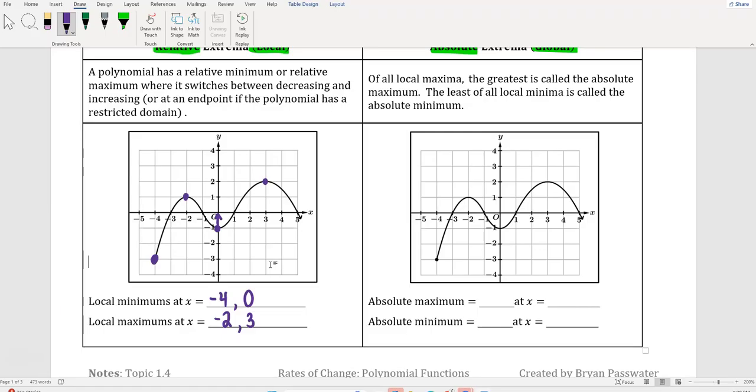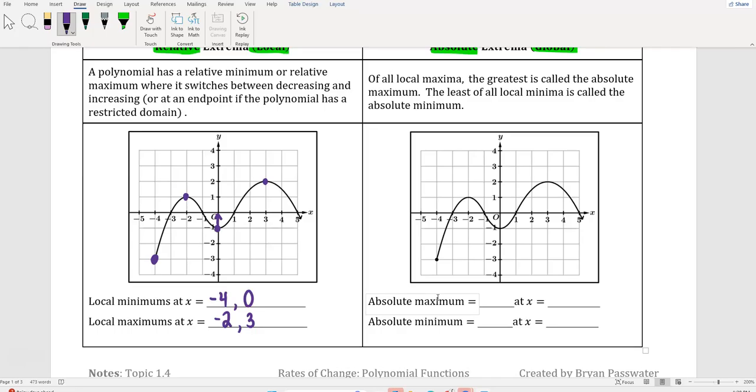Now, the same graph is on the next space over. So this graph over here is the exact same, but now they're asking us for absolute maximums or minimums. Whenever they ask you about absolute maximums or minimums, they may ask for only the x value or they may ask for the y value.